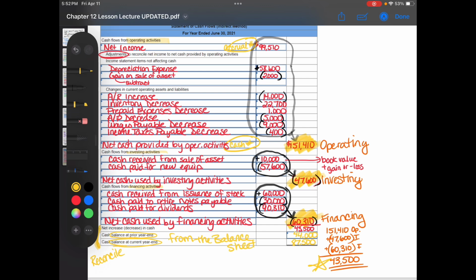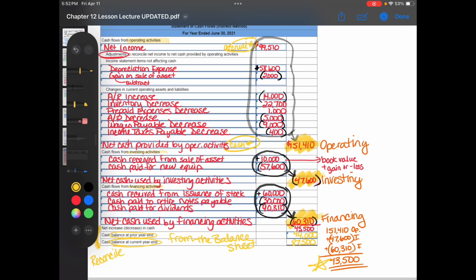My best piece of advice is to go through the operating section. That is the hardest part, right? That one had a lot of increases, decreases, so there could be a lot of mistakes in there. We could have done positives and negatives incorrectly. We could have done our math incorrectly. Some errors could have happened in there. Check that spot first. If you find an error, fix it, and it works out, then you're good to go.